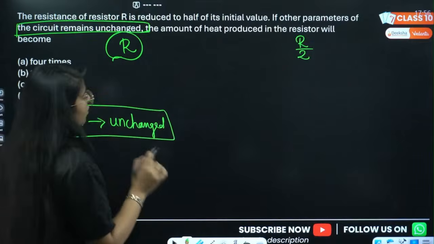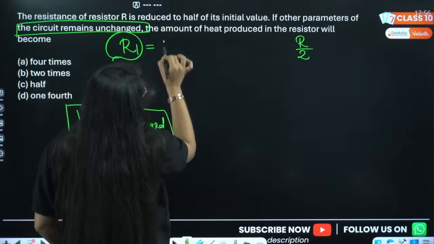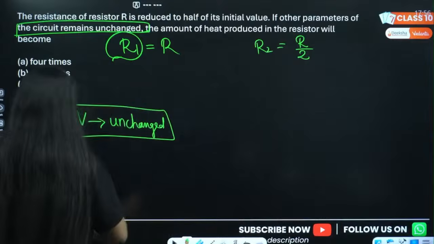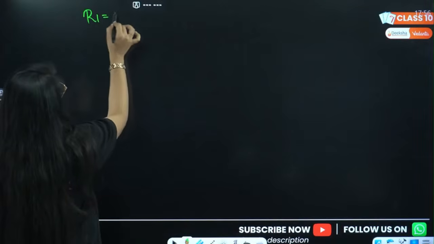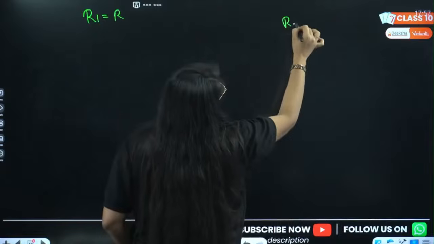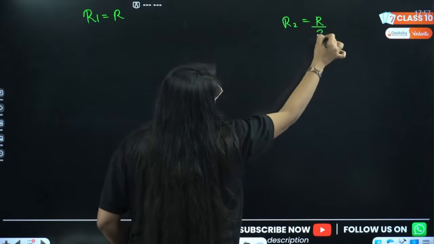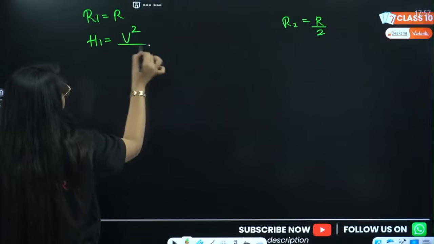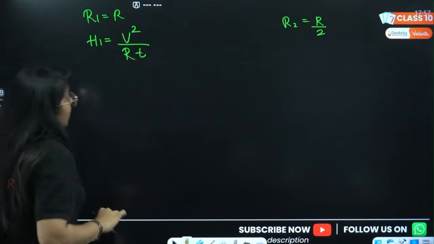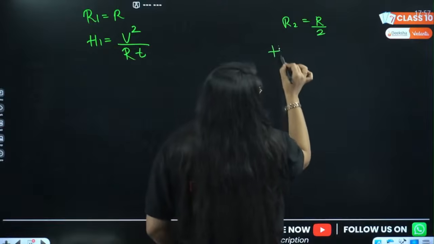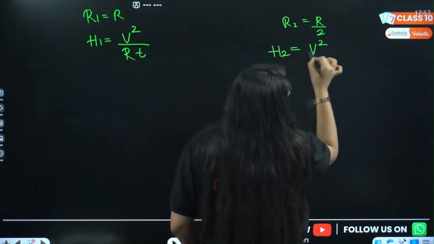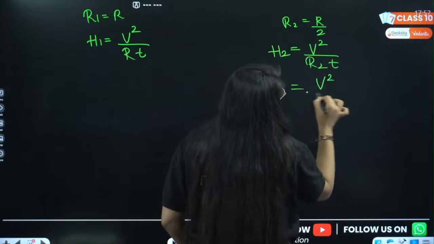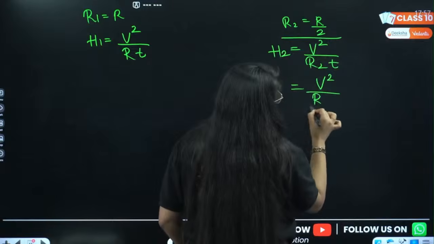So now solve it again. For R1 equals R, R2 equals R by 2. Now H1 equals V square by R into T. H2, on the other hand, is V square by R2 into T, where R2 is R by 2.